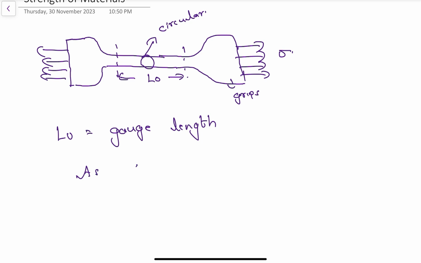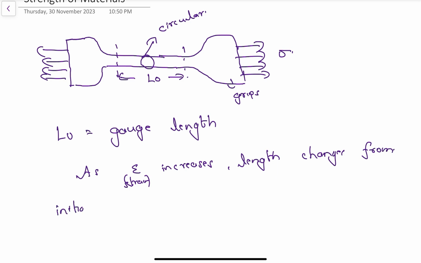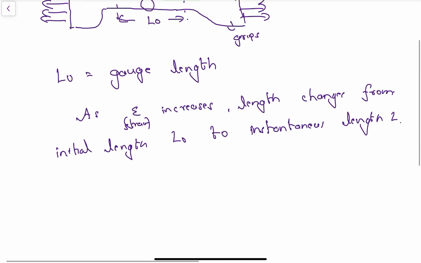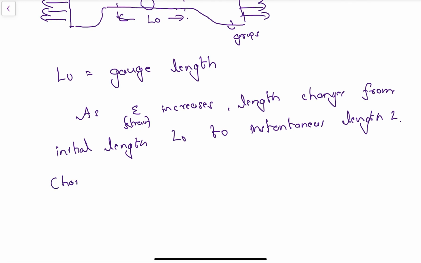As epsilon, the strain, increases, you can see that the length changes from the initial length L0 to the instantaneous length L. That change in length is defined as the elongation of the specimen.